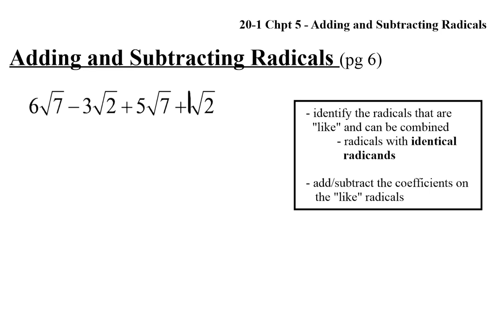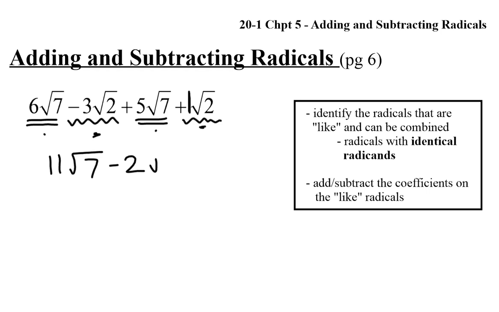So identify the like radicals, meaning the ones with the same radicands. Root 7s can go together, and root 2s can go together. 6 root 7s along with 5 root 7s means we have a total of 11 root 7s. Negative 3 root 2s and positive 1 root 2 means we have negative 2 root 2s.